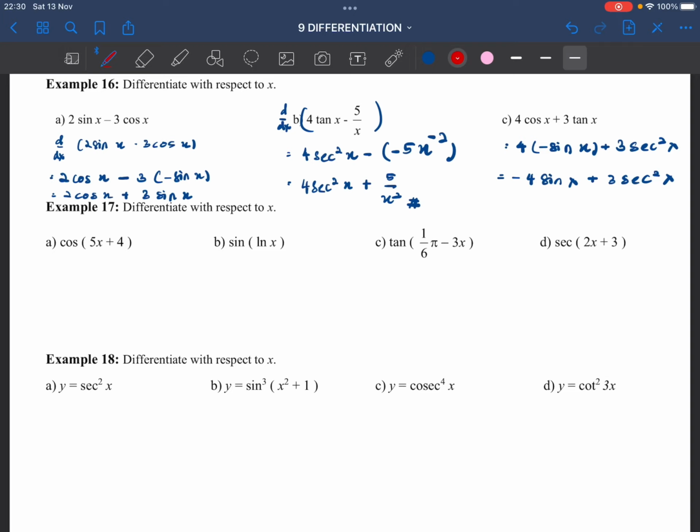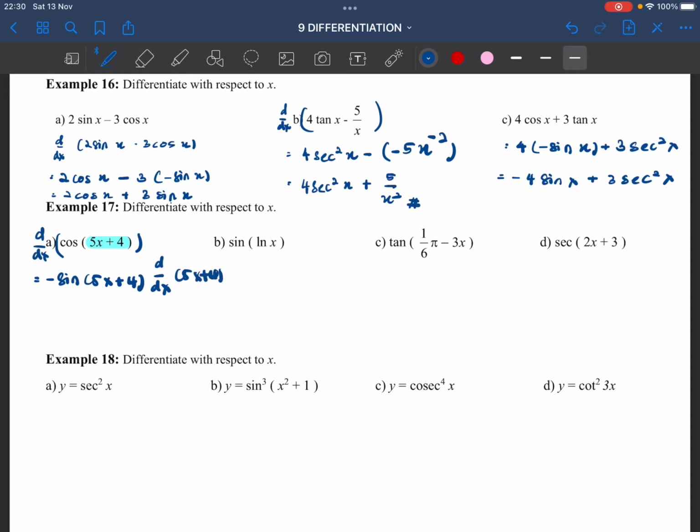So here let me show it. We have cos 5x plus 4. To differentiate cos 5x plus 4, differentiate cos, we will get negative sin. Just copy the function 5x plus 4, and then we have to differentiate the function inside. The inside one must be differentiated.